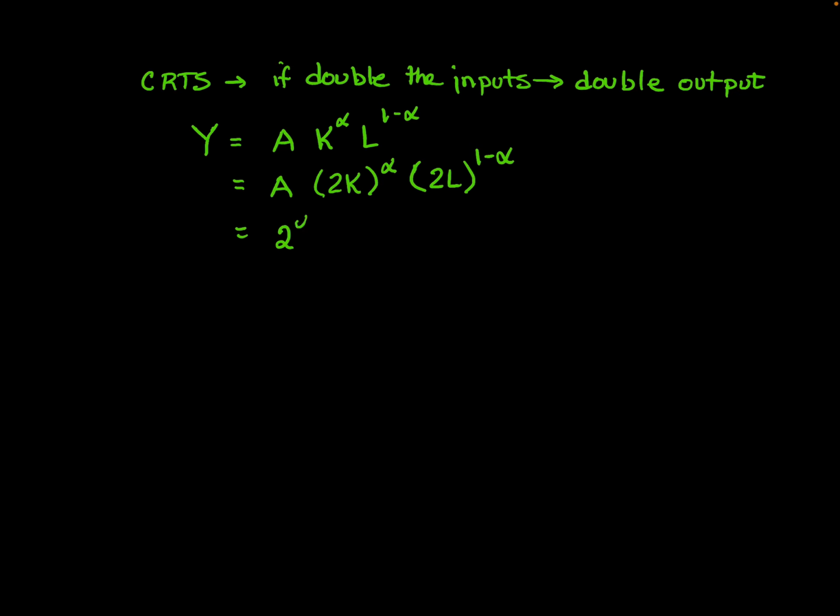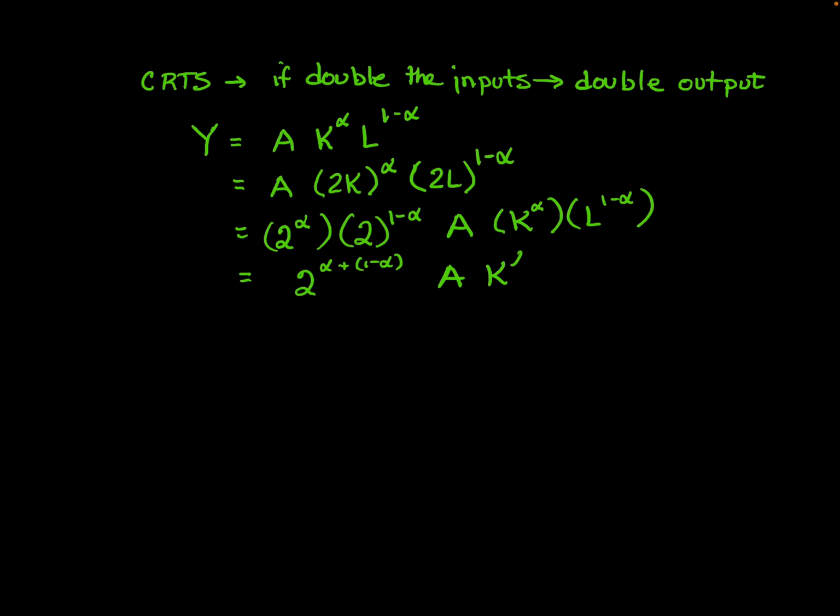So we would have 2 to the alpha times 2 to the 1 minus alpha times A times K to the alpha and L to the 1 minus alpha. And so what that gives us is 2 to the alpha plus 1 minus alpha, and then A K to the alpha, L to the 1 minus alpha. And this sums to 1, so this is 2 times A K to the alpha, L to the 1 minus alpha, and this is Y.